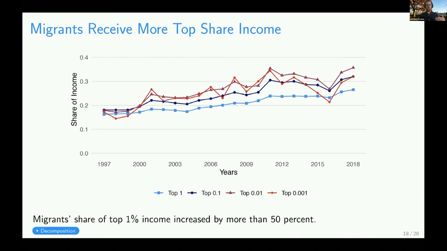And we show that the trend is largely driven by an increase in the number of migrants rather than an increase in their average income relative to natives, suggesting that migrants are becoming more and more prevalent at the very top, and there is a continuous demand for high-paying jobs that migrants are fulfilling without any downward effect on the income they receive on average.